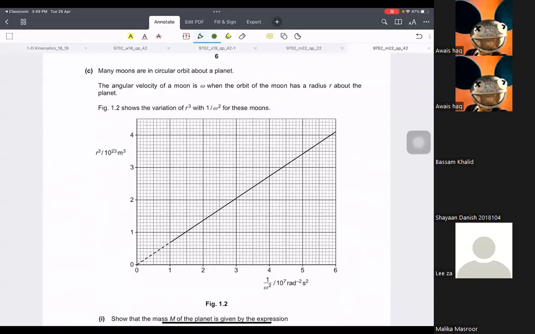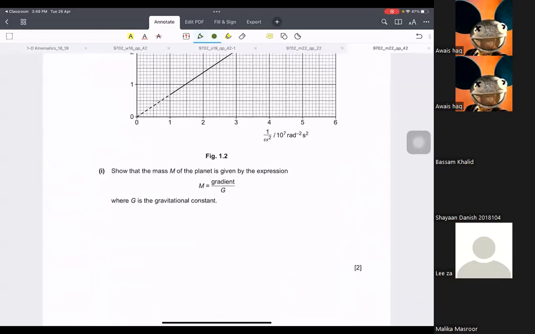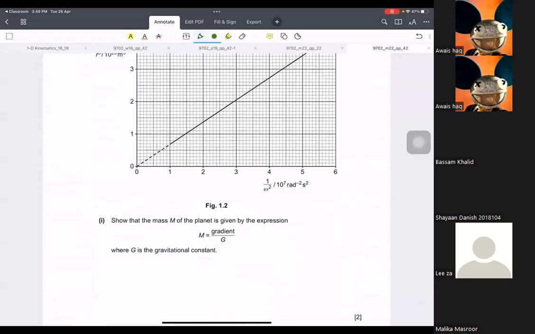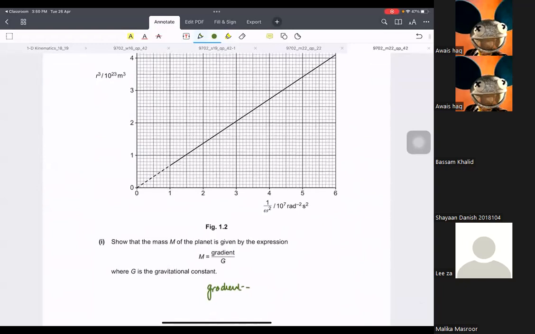R cube and 1 upon omega square. Okay. Show that the mass of the planet is given by the expression where G is this. Okay, we could do that. Gradient, na? Acha, so the gradient of this is change in y, which is r cube, over change in this.